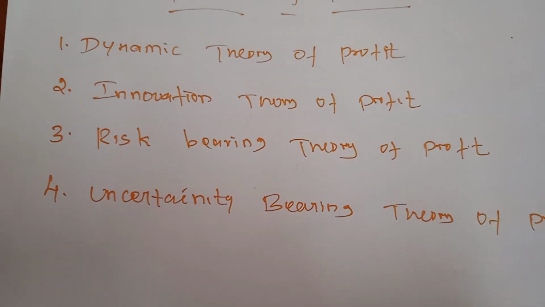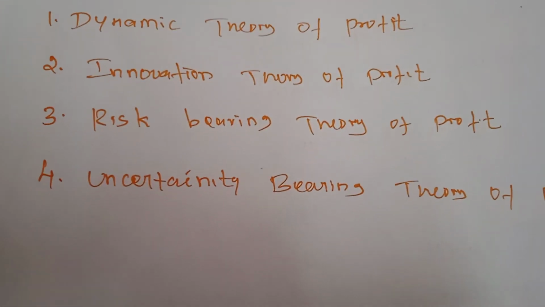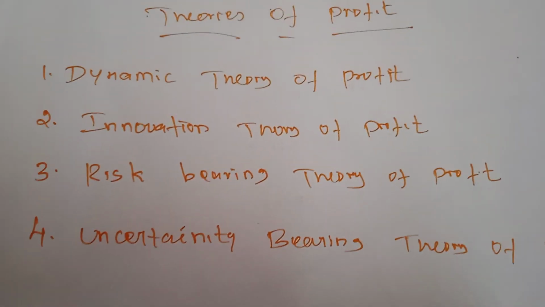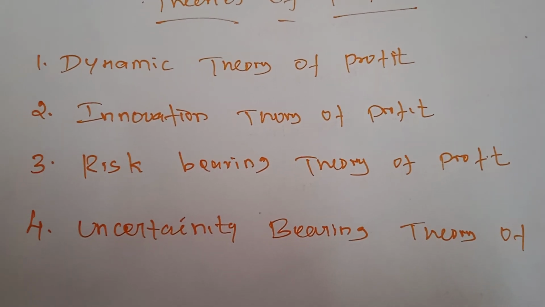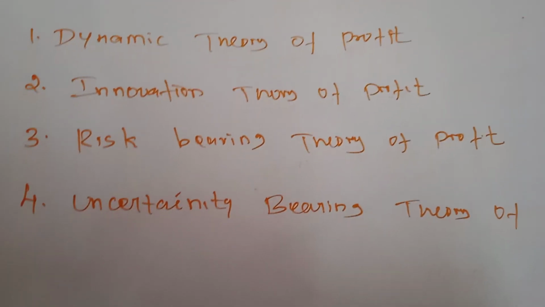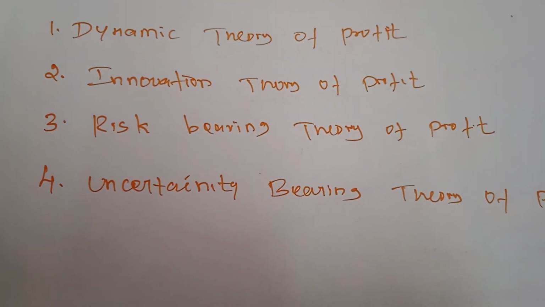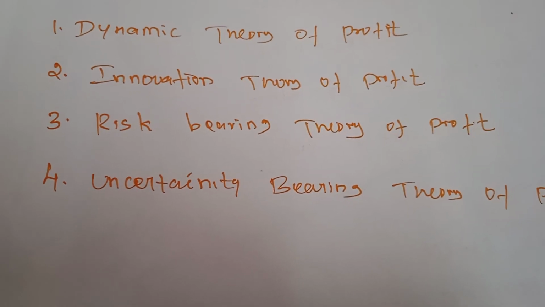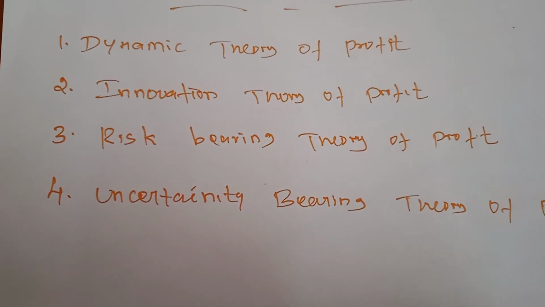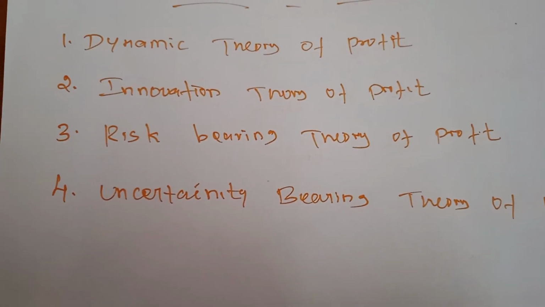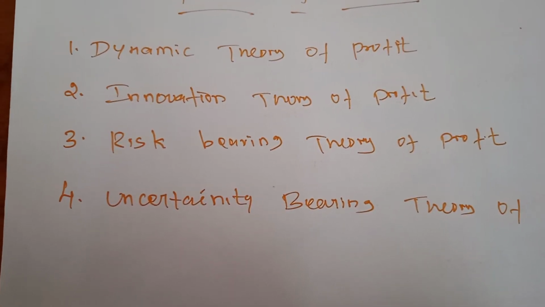Innovations mean inventions put into commercial practice. According to Schumpeter, innovations may consist of several categories. First, the introduction of a new product. The entrepreneur must introduce a new product in the market.